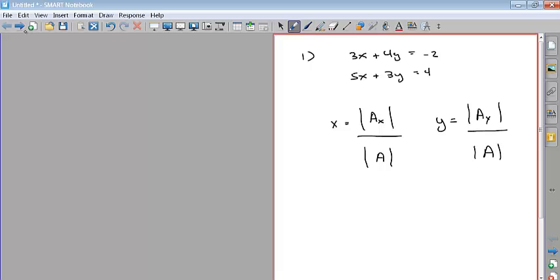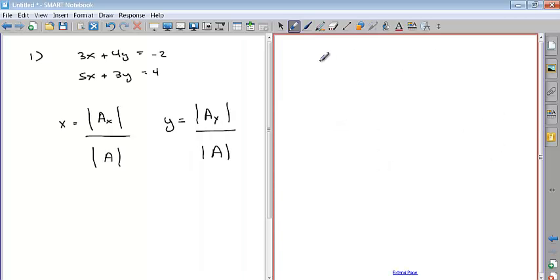So we have 3 determinants to find, and our matrix A is 3, 4, 5, 3. And then we have this B matrix, which we don't actually use for Cramer's rule, but it's the right hand side.